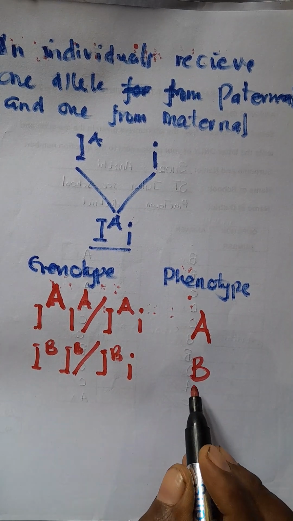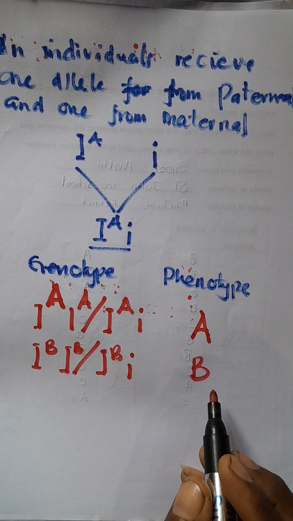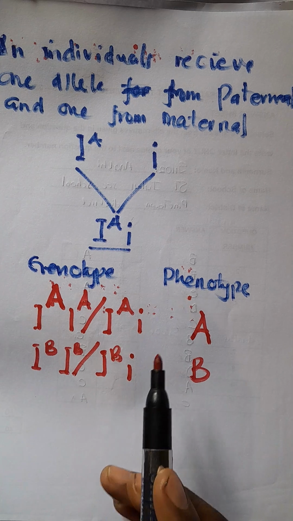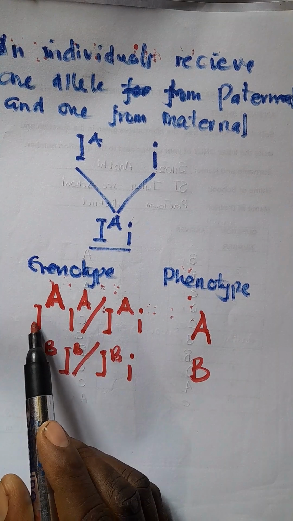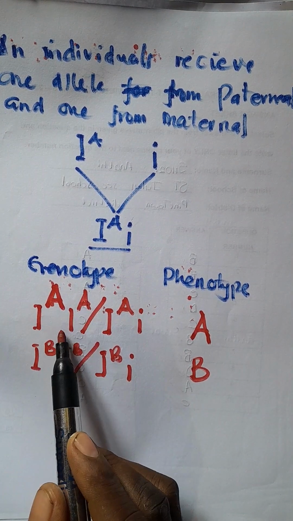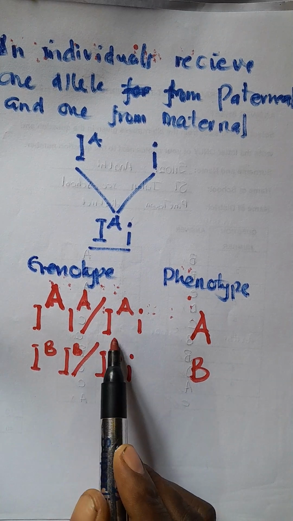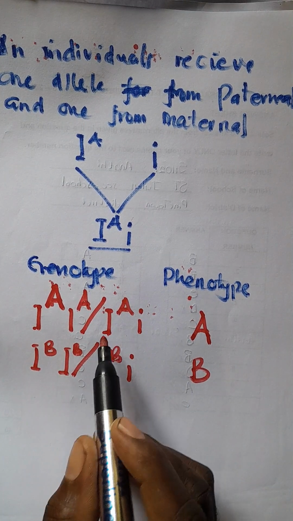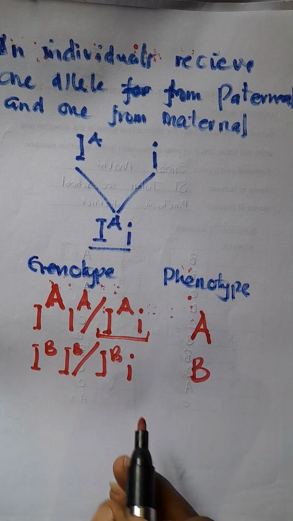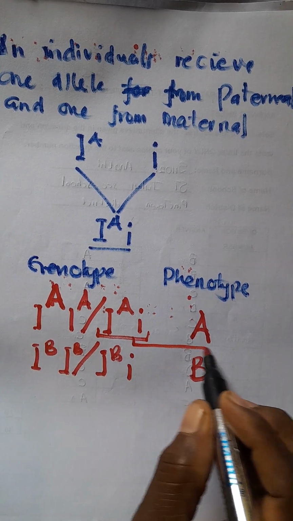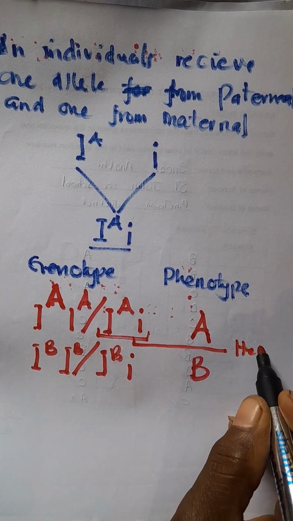This individual is also blood type B. So for blood type A, an individual can be homozygous, that's AA, or heterozygous. So this individual here is heterozygous.